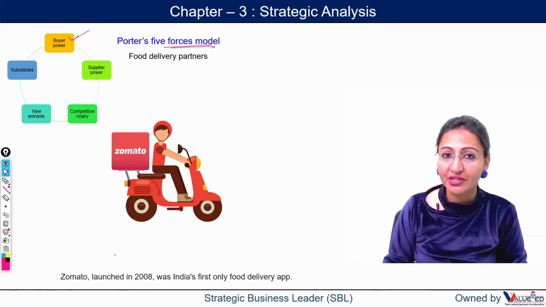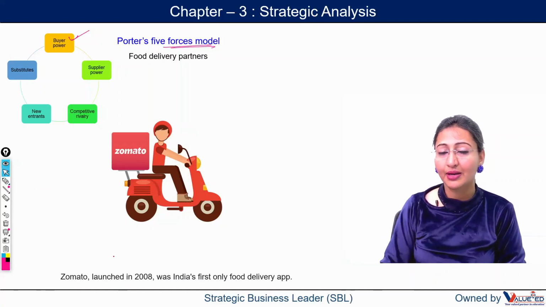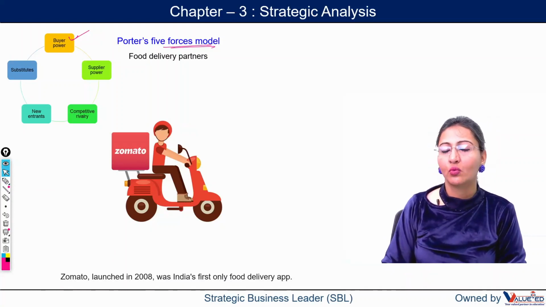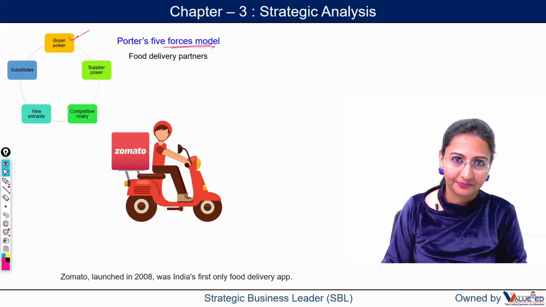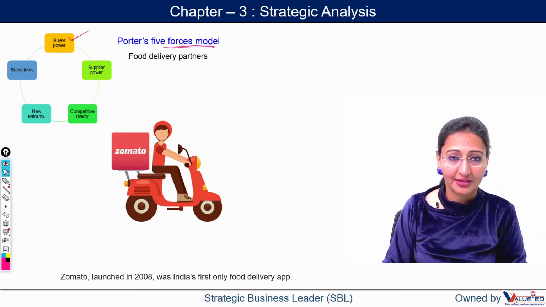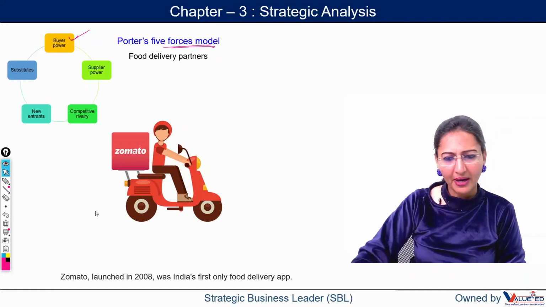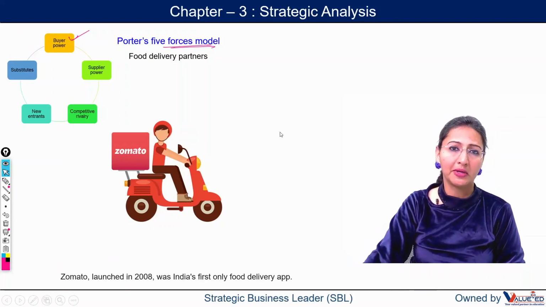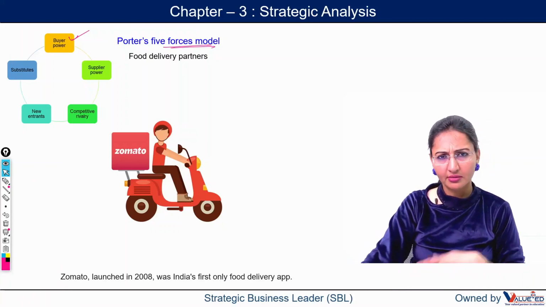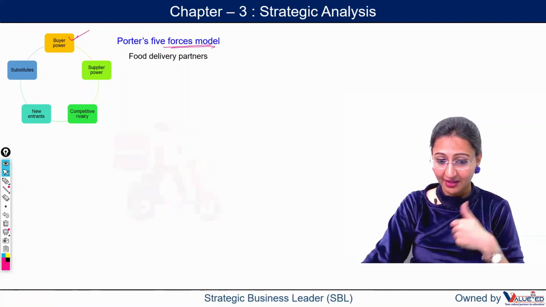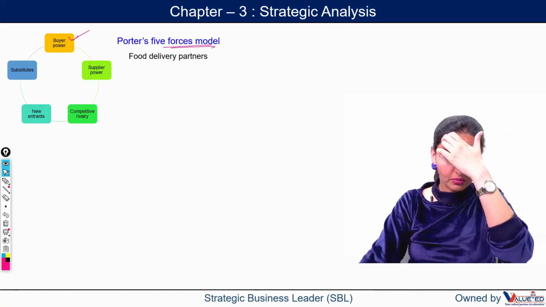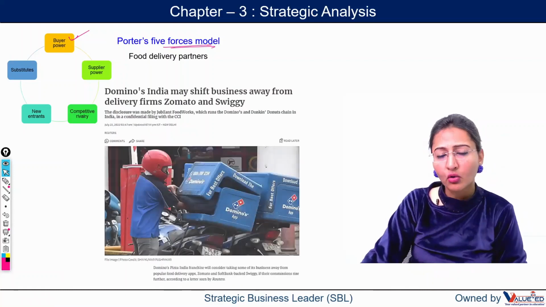Rather, the buyer was in dire need of food at home, and Zomato especially prospered when the lockdown happened during COVID times. So buyer power was not strong enough to beat Zomato. Zomato was okay with buyer power. Then coming next to supplier power. Who is the supplier?